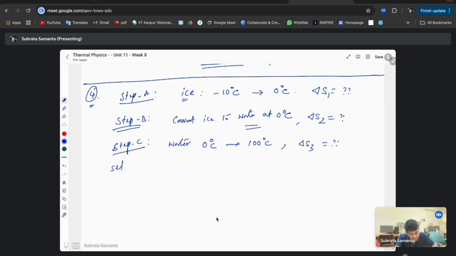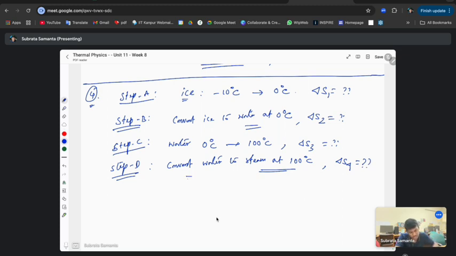And step D is basically converting water to steam at 100 degree centigrade. So this is delta S 4, right.